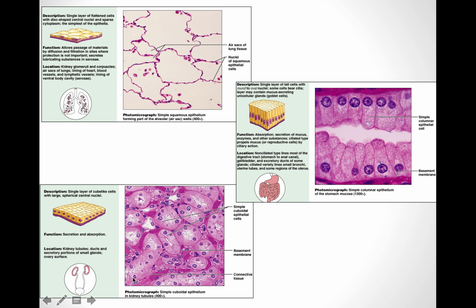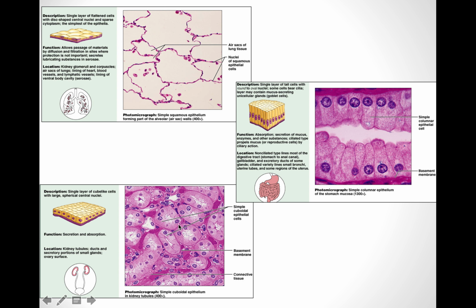On the bottom left-hand corner, what you're observing is simple cuboidal cells. Cells that appear to be a square shape with one nucleus, so a single layer of cells. What you're viewing here as these circular patterns are basically found in your body, and this is a sample of your kidney for simple cuboidal cells.